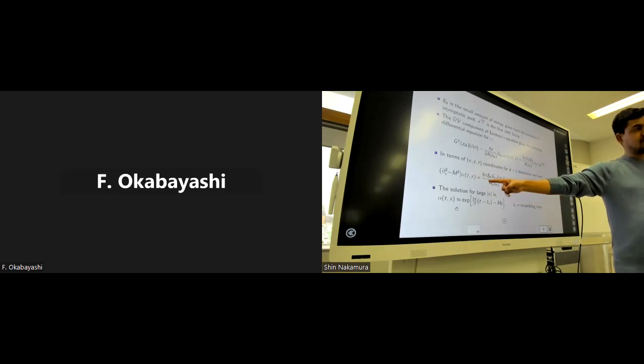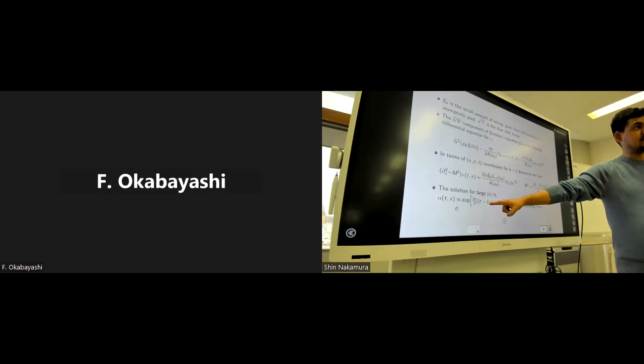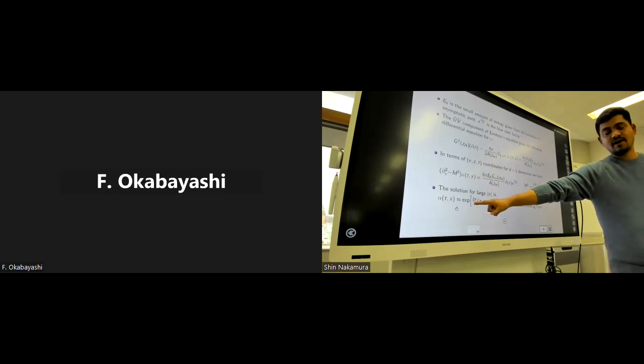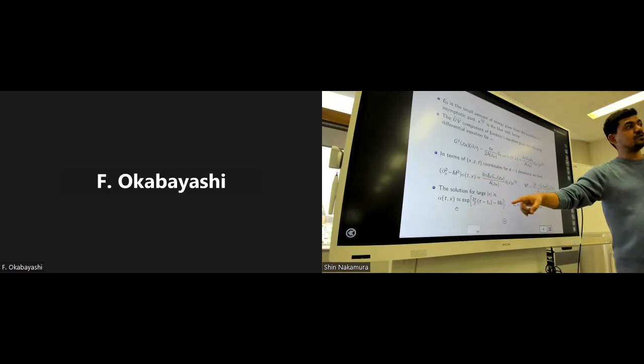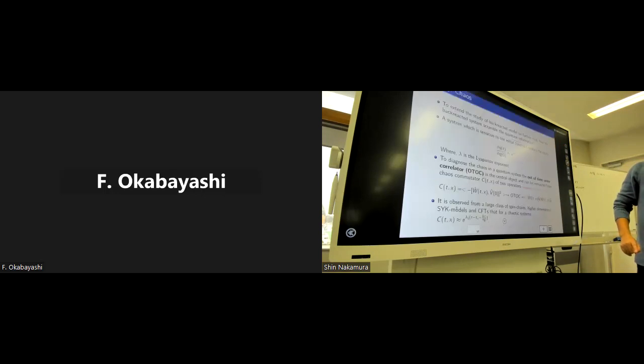I can solve this differential equation for alpha, and I get the solution for alpha, which looks like this. Now you see this alpha is actually dual to that chaos correlator C, which was this one.